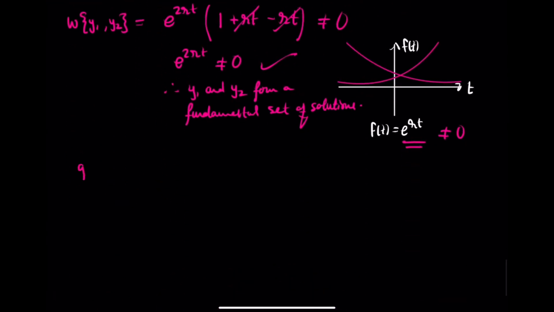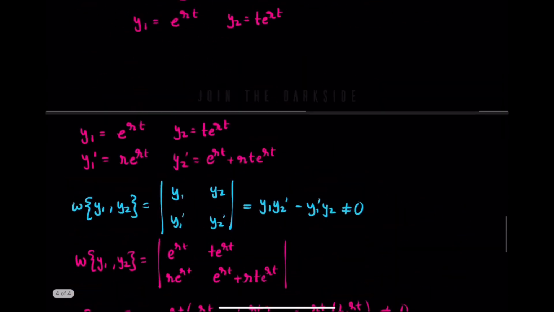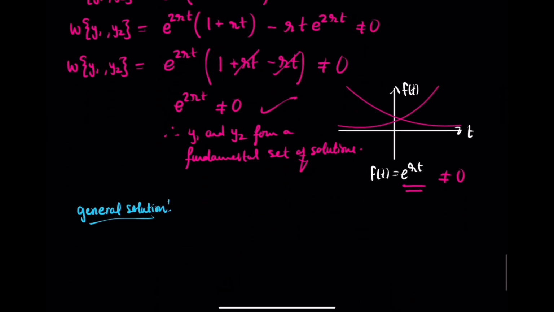So the general solution would be something like y equals c1 y1 plus c2 y2.